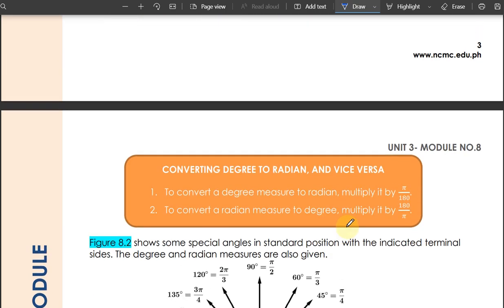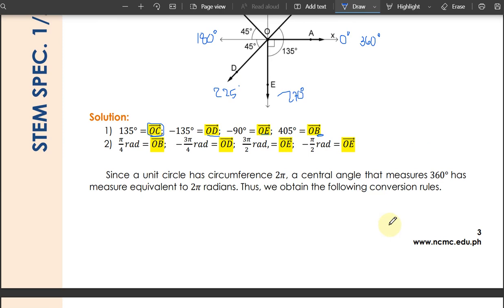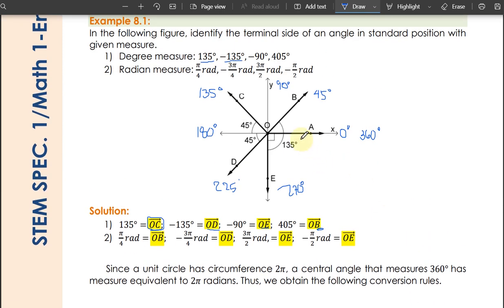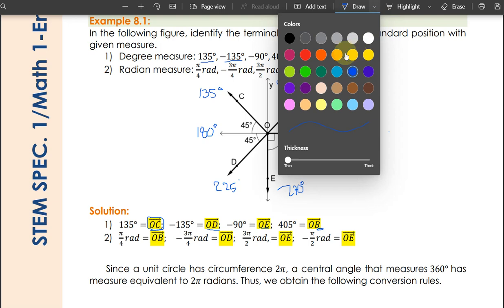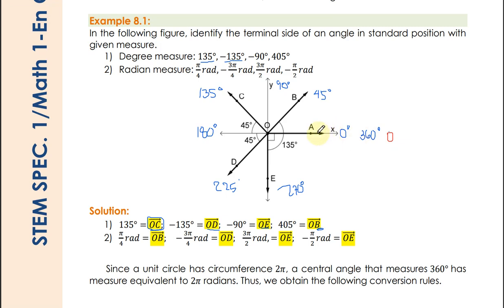In converting degree measure to radian, we are just simply going to multiply by pi over 180 degrees. So in radians, this is also equal to 0. I will change the color to red. So this is 0 in radians.